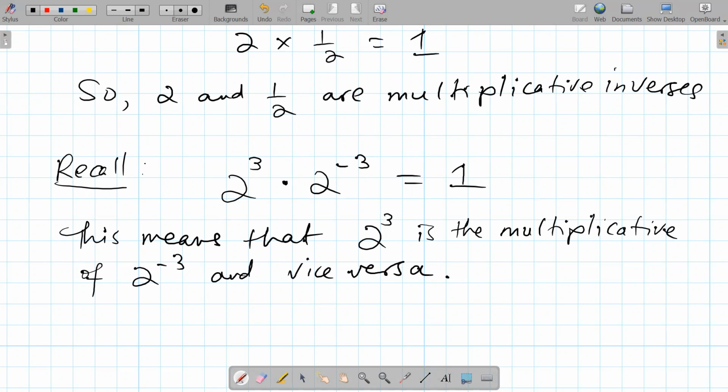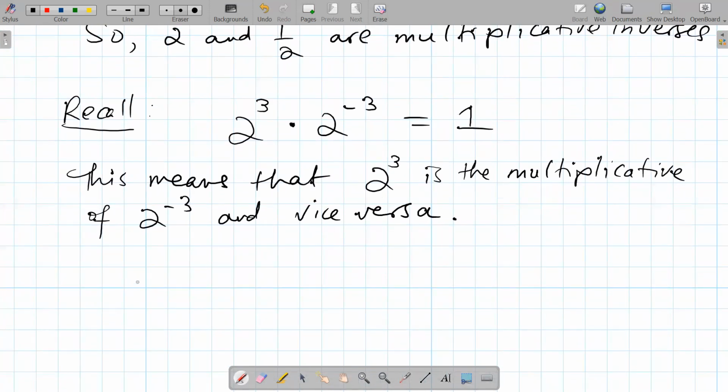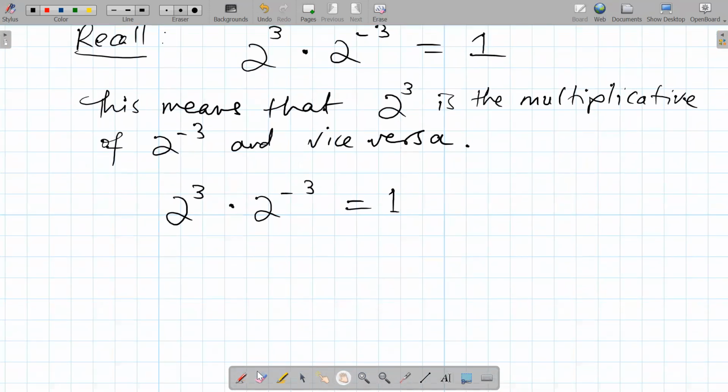Okay. So if that is the case, then I can rewrite 2 to the third times 2 to the negative 3 equals 1 simply as 2 to the third equals 1 over 2 to the negative 3.